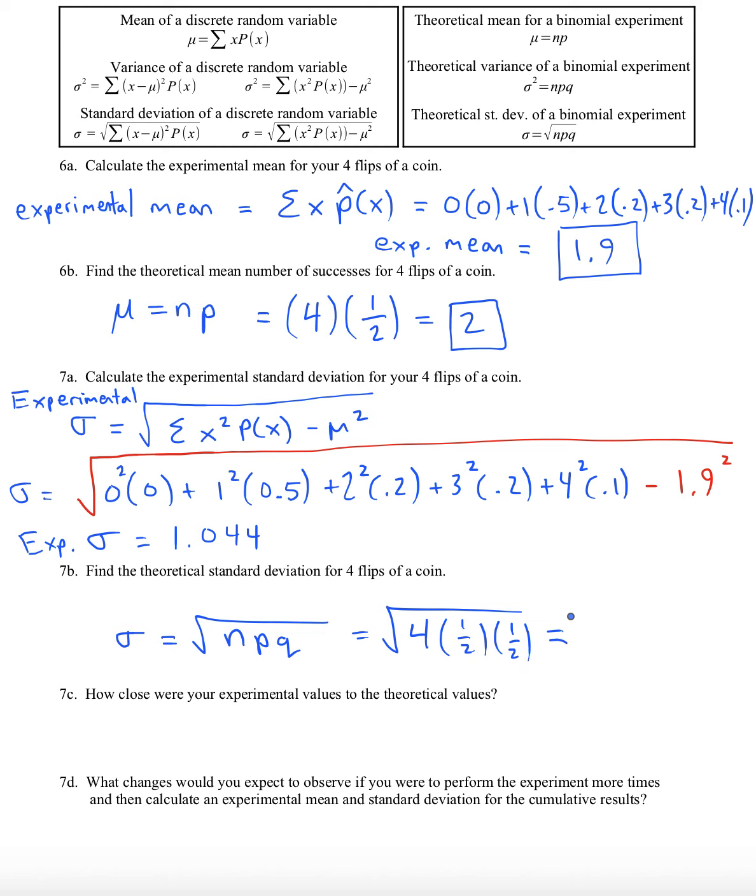So it's actually 1. So wow, our experimental mean was pretty close to the theoretical mean, and our experimental standard deviation was pretty close to the true standard deviation too.